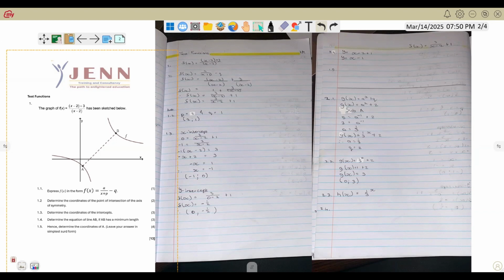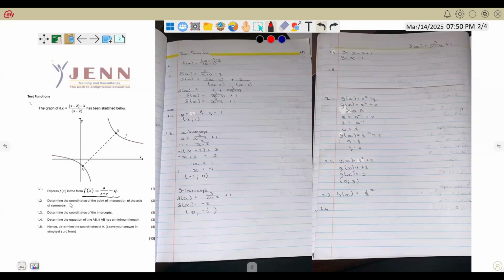You see, from that question, they want you to express what you are given in this format. This format that we wrote there is the standard format, but there are different formats that we can use to express.